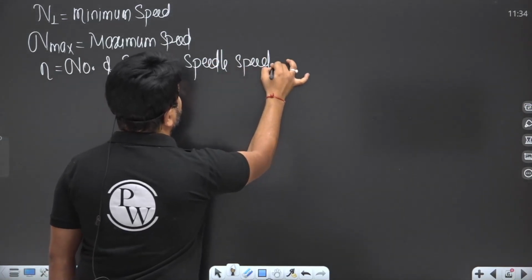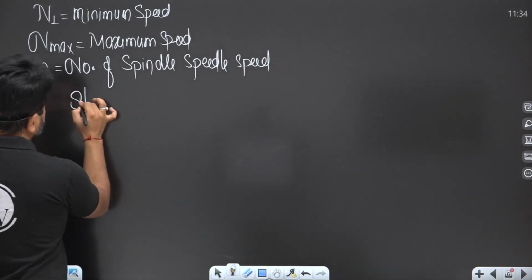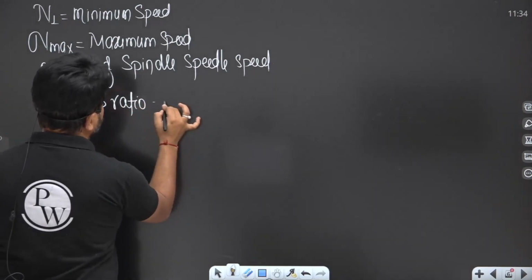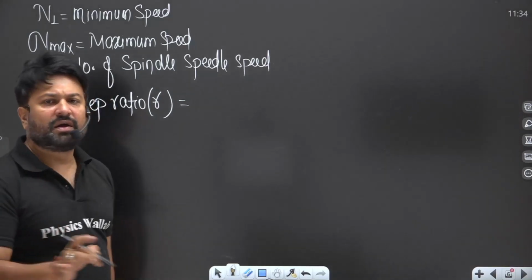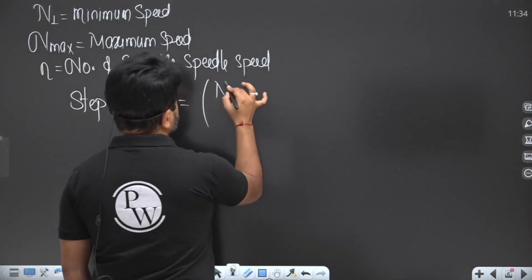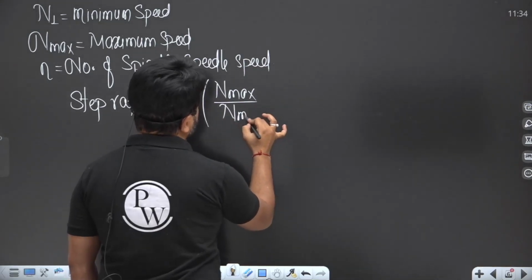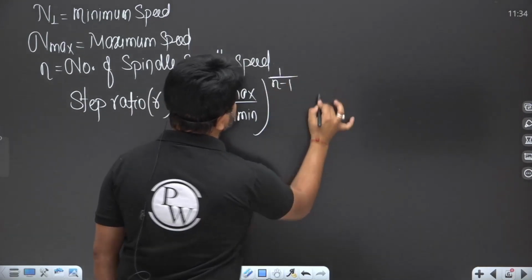Then how can I find the step ratio? The step ratio, represented by small r, is found by N max divided by N1, to the power small n minus 1.